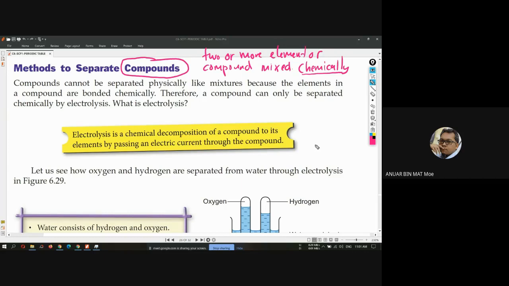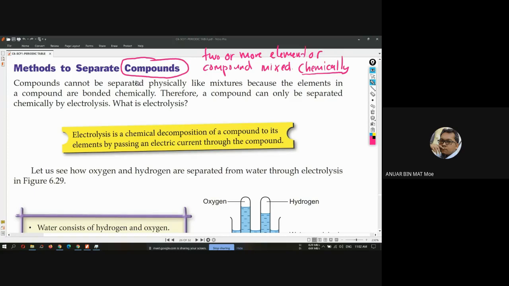We cannot call it a compound because the salt and the water do not bond chemically. And we are able to separate them. So today's topic is the method to separate the compound.